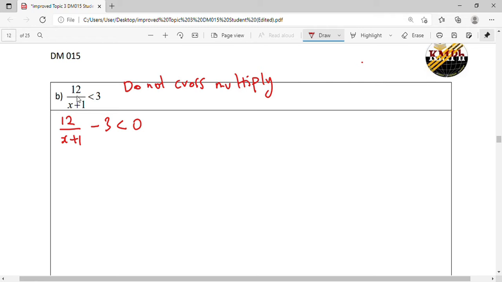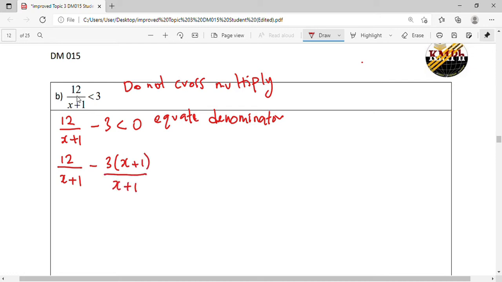Okay. Alright. Then what should you do? So you equate the denominator. So it will be 12 over x plus 1 minus 3 times the denominator, which is x plus 1, over x plus 1 less than 0.